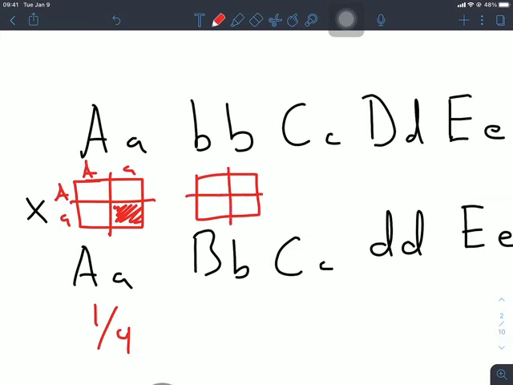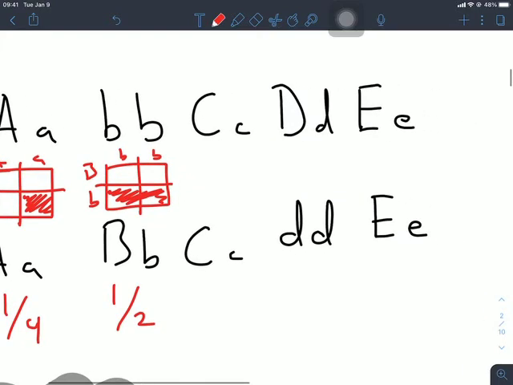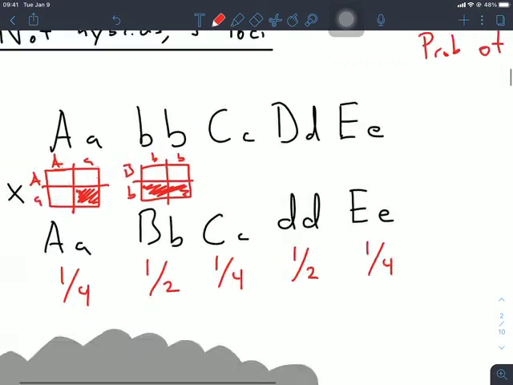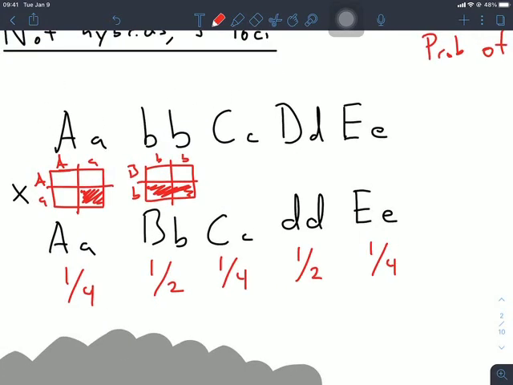Here, because of the difference in genotype, we see that fully 1/2 of the progeny have our desired lowercase b. 1/4 have it for our lowercase c. Again, 1/2 have it for our lowercase d. And 1/4 have it for our e locus.